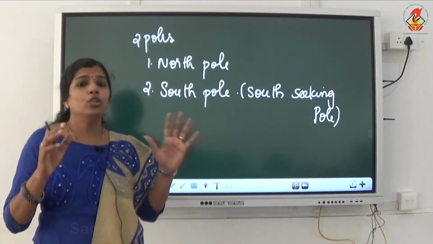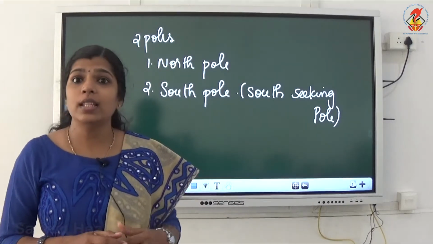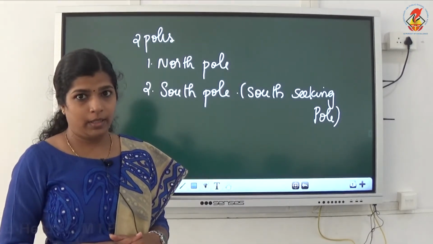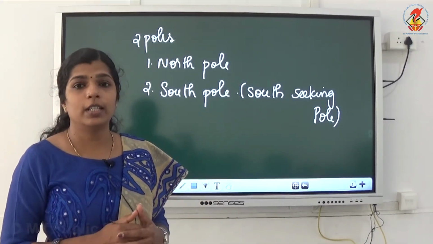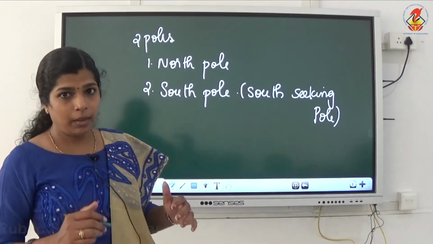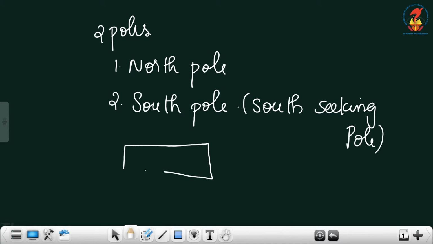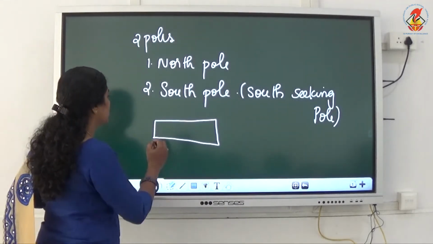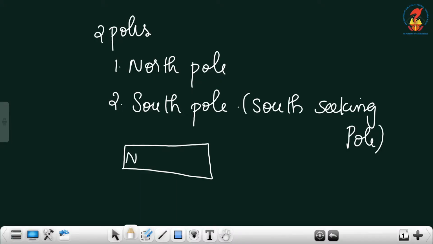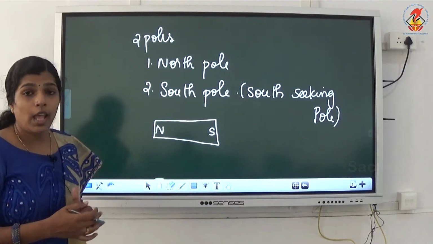These two poles are located at the ends of a bar magnet. Normally we draw a bar magnet like this, a rectangular shape, with north pole and south pole at the ends.